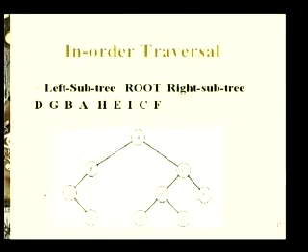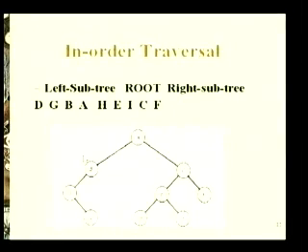First left subtree, so you keep on traveling to the left, and whenever there is no alternative to travel to the left, you print that particular element, and then you go to the root.